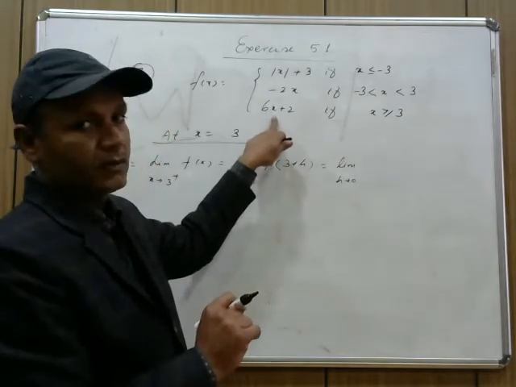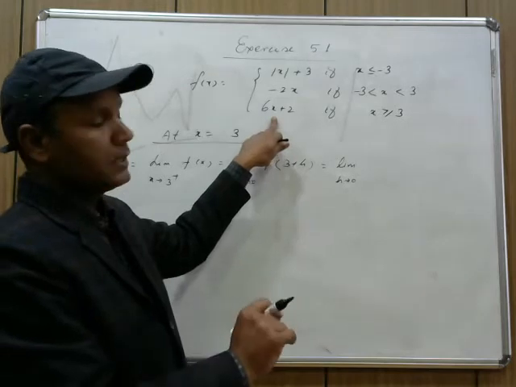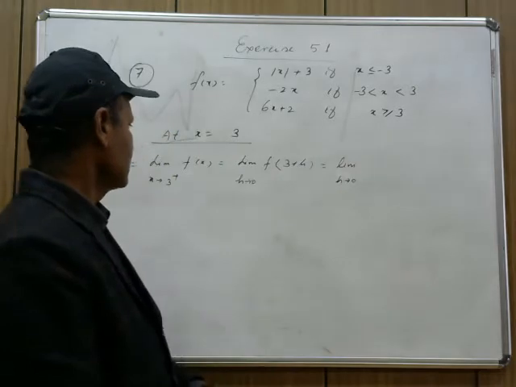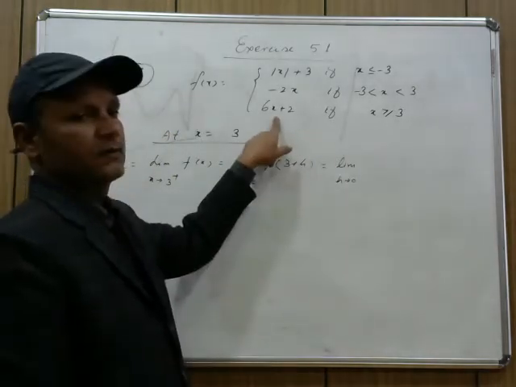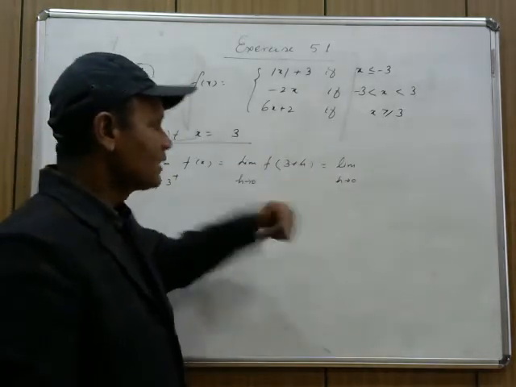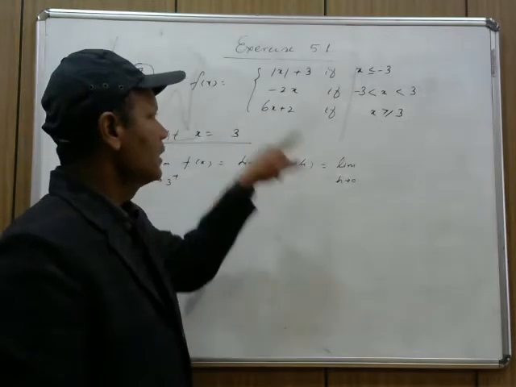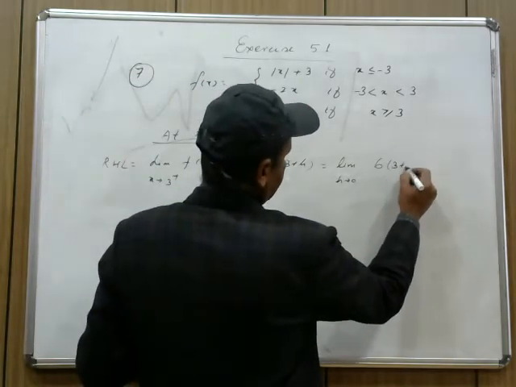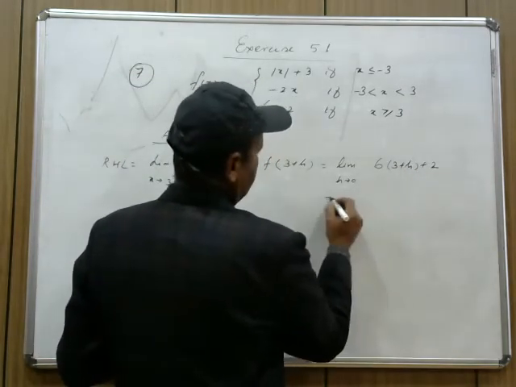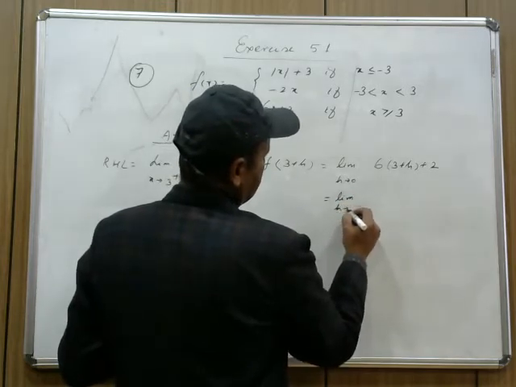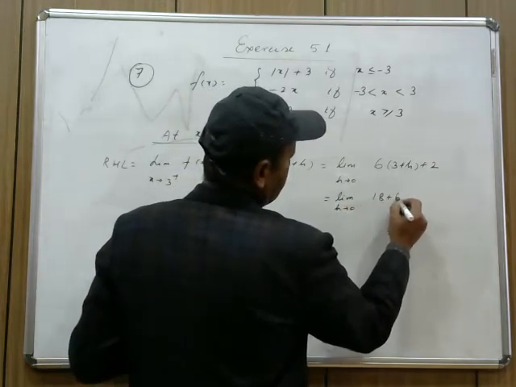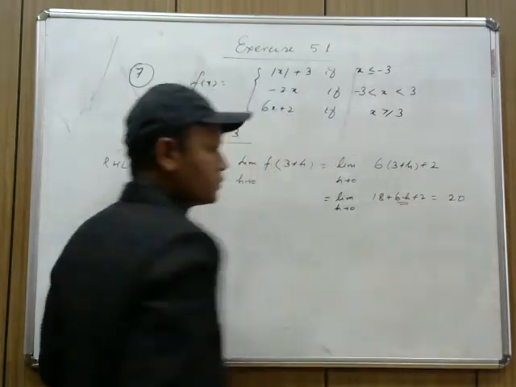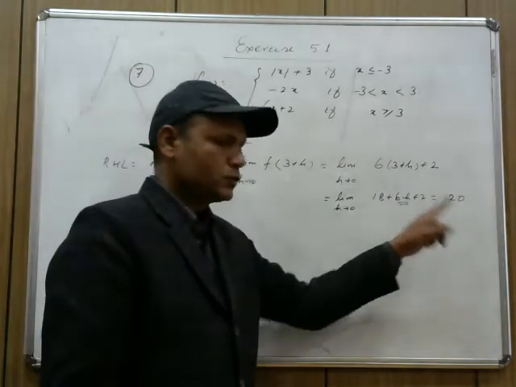Make it very clear from this given function which part of the function we have to use. x is greater than or equal to 3, therefore when x is equal to 3, then also I will go for this function. When x is more than 3, I will go for 6x plus 2. I will write 6 in place of x, 3 plus h plus 2, and that is equal to limit h tends to 0 of 18 plus 6h plus 2, and that is equal to 20, because h becomes 0. 18 plus 2 is 20.